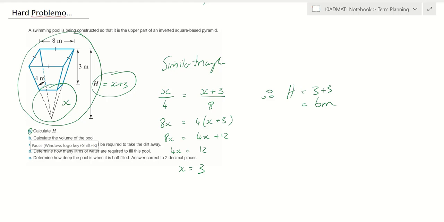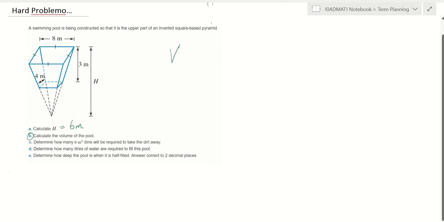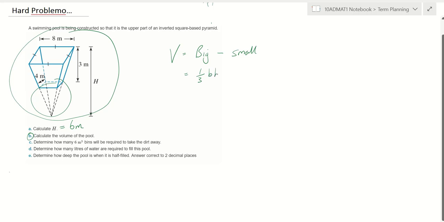Now we're after volume. So the volume is going to be the large square-based pyramid minus the bottom square-based pyramid. So the big one minus the small one. And we know that the formula for a square-based pyramid is a third base times the height. So we've got the big one minus the small one, and that's our formula.